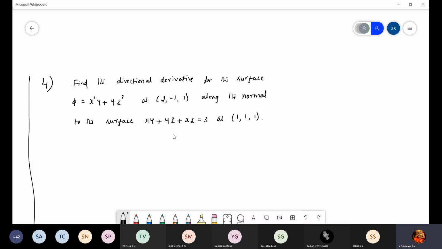Did you understand the problem? Actually, to calculate the directional derivative, we require one surface, that is phi. It is given here, but we also require a directional vector d, which is not given. How to calculate that d? It is given indirectly. Anyone?